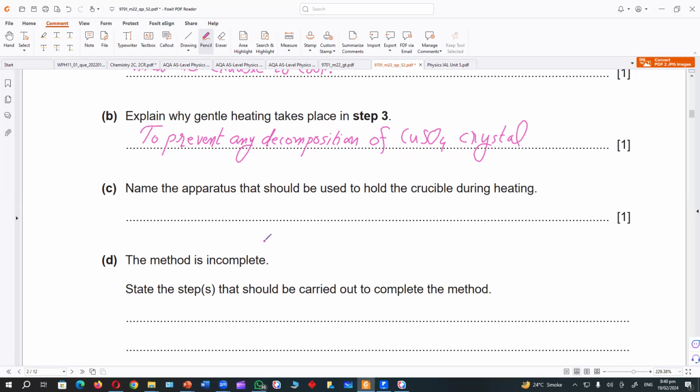During heating. Can we also say tongs? Tongs are also there, but the crucible is not so small, so it will be moving a bit. The triangle.